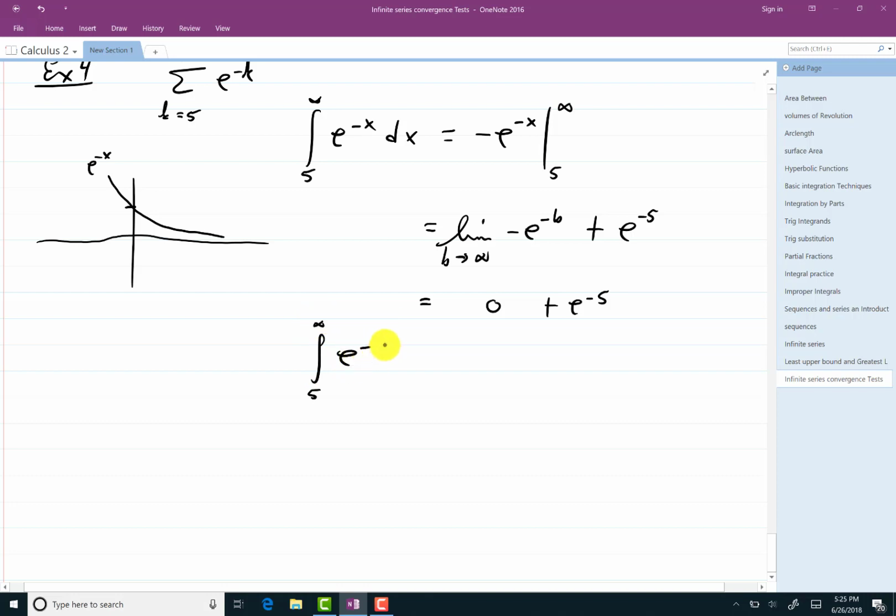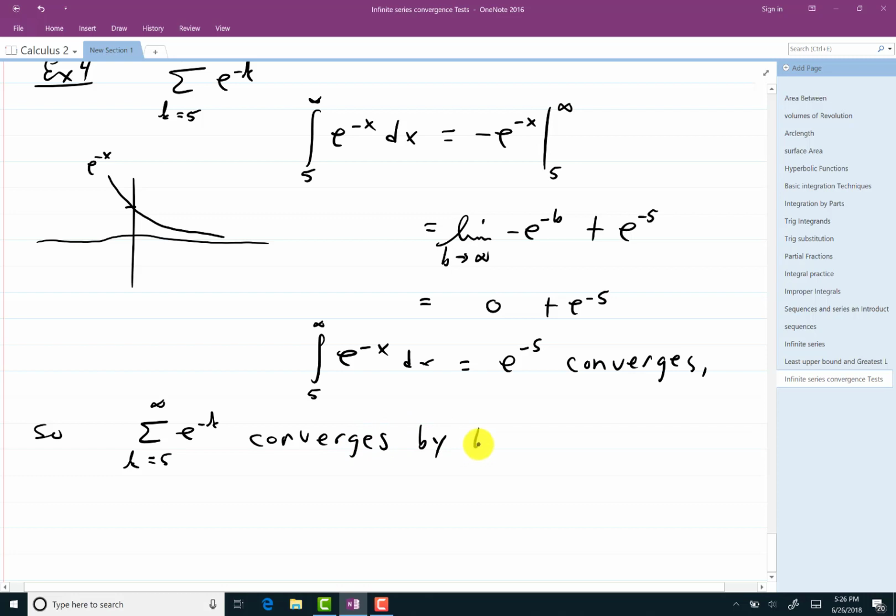You'll usually, in this book at least, be able to find out the value of this, but that is not the value of the sum, almost never. So the integral converges, so the series from k equals 5 to infinity of e to the negative k converges by the integral test.